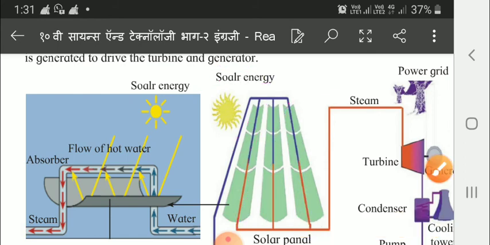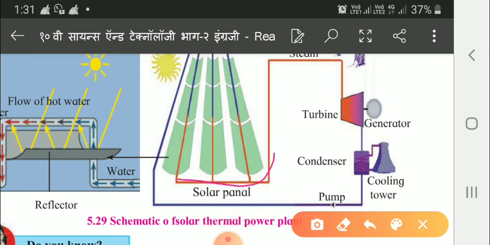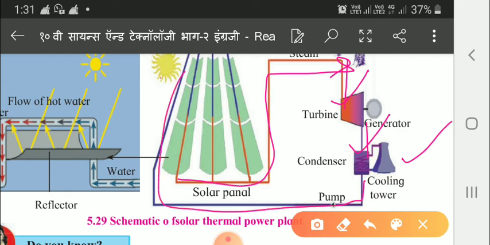The water changes to steam due to the heating effect of the sun's rays, and then it moves to the turbine. Then whatever water is there gets condensed, and again it is collected in the cooling water. Further, this is sent here. This way the process goes on.